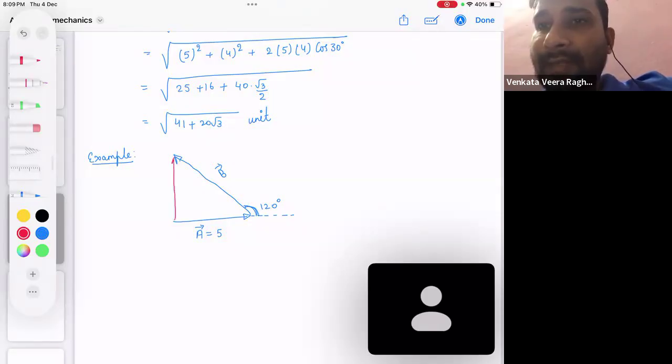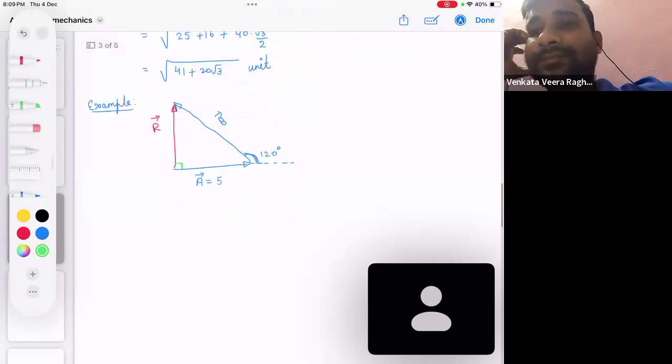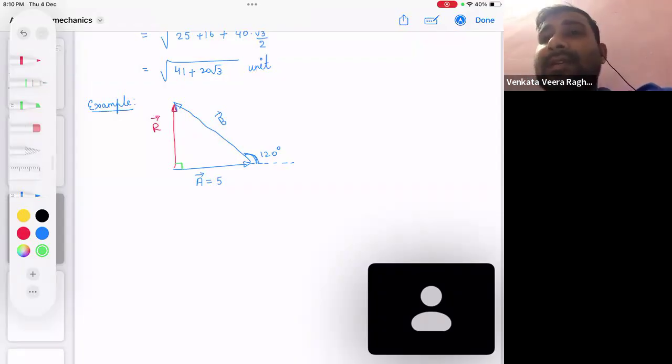Now, this is what is given as the resultant vector. And the resultant vector is perpendicular to vector B. Is that clear? Now, in this question, what they are asking is the magnitude of the resultant vector. Okay, tell me. Is that clear?